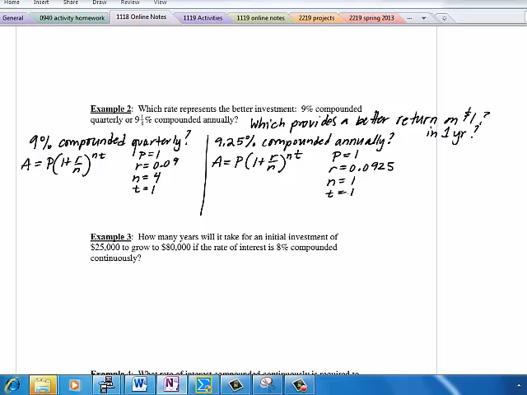We keep the investment and the time the same, but change the rate and the number of compoundings, and see which one is better. So we'll have A equals 1 times 1 plus 0.09 divided by 4, to the 4th. And on the other side, A equals 1 times 1 plus 0.0925 divided by 1, to the 1 times 1, so to the 1.